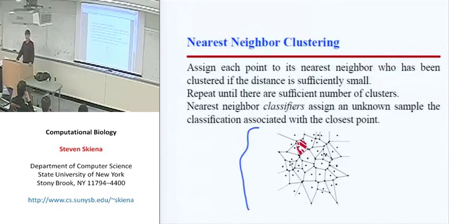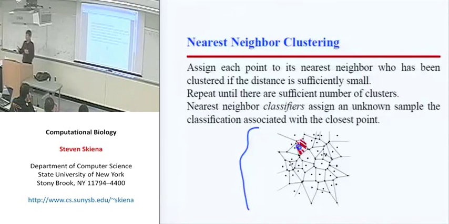Does everybody see this? If we look at this particular example, this red region has this point as its source. For every point in this region, its closest neighbor is the same one. Does everybody agree with that?